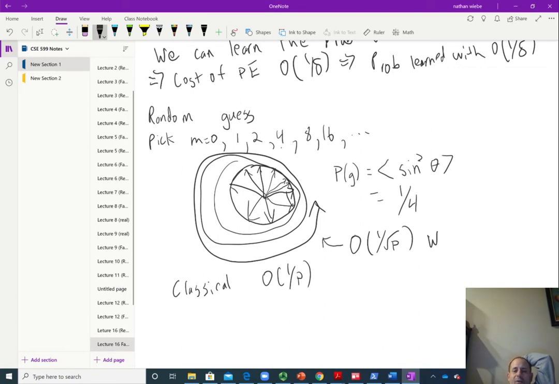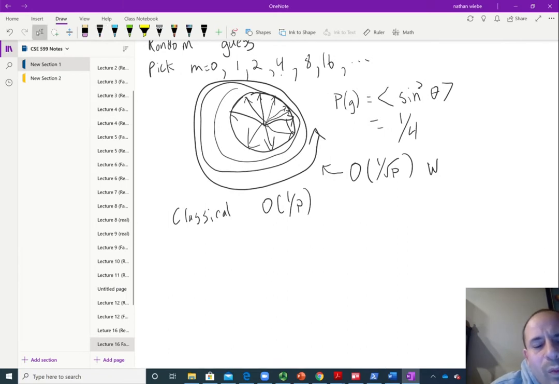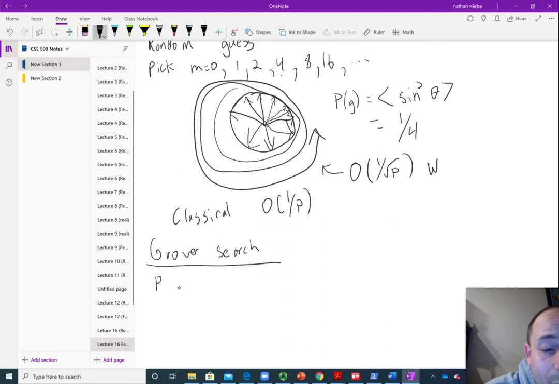Now, to end this with a concrete example, you might wonder, what's something you could do this for? Well, one thing you can do this for is Grover search. For the case of Grover search, we start with a state that has maximum overlap with all the marked items.